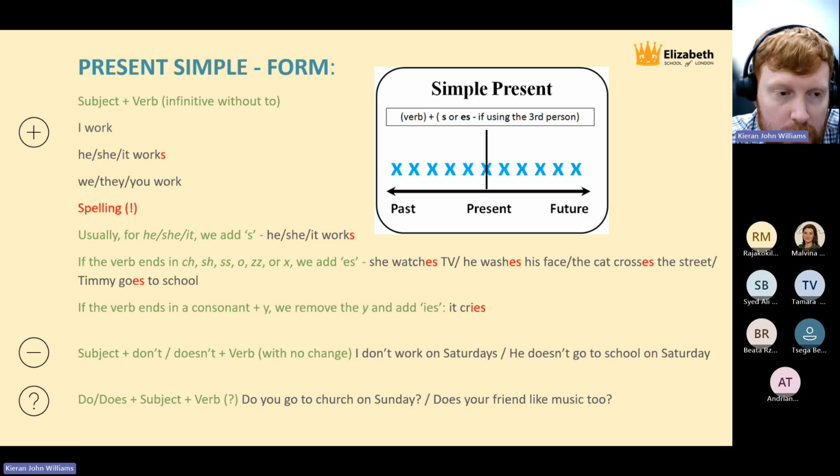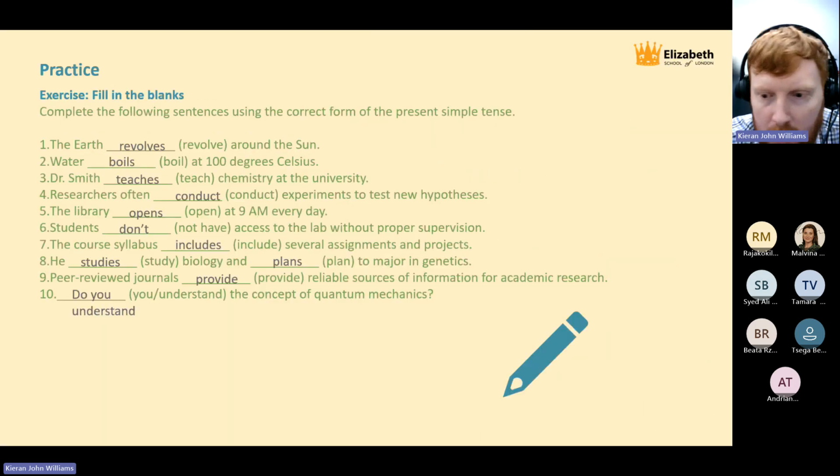Researchers are a group of people, so that would make it they, and then there is no S at the end. So like Malvina says in the chat, it should be conduct.